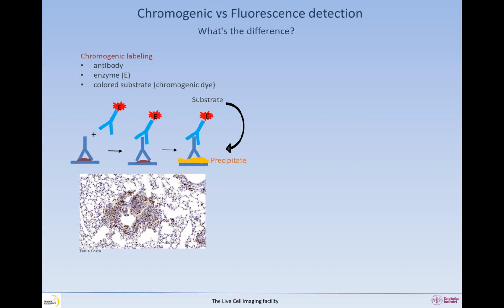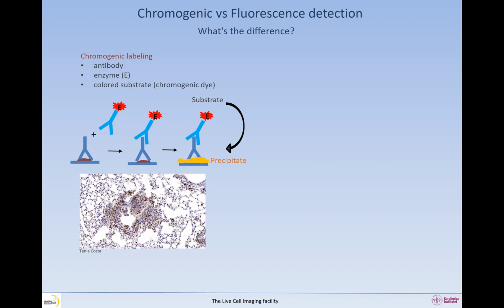So after incubating the sample with the antibody coupled to the enzyme, the substrate is added, and this will lead to a chemical reaction between the enzyme and the substrate. As a result, a precipitate will form near the antibody, making a color spot.